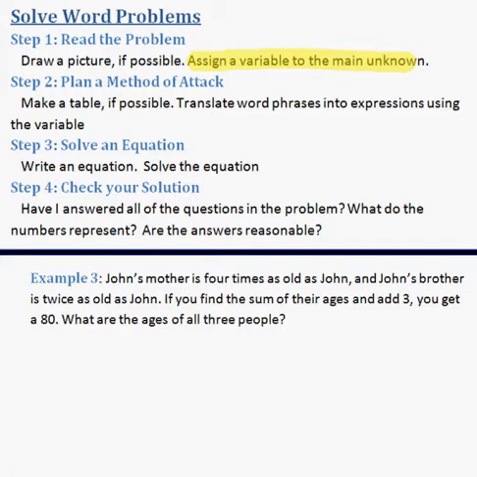So as we read through this, John's mother is 4 times as old as John. It's comparing her age to John's age. John's brother is twice as old as John, again comparing to John's age. So John's age is our main unknown because the others are related to it. So we're going to go ahead and assign a variable to John's age. So we will let J equal John's age.